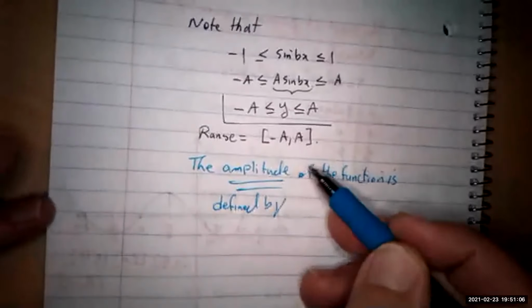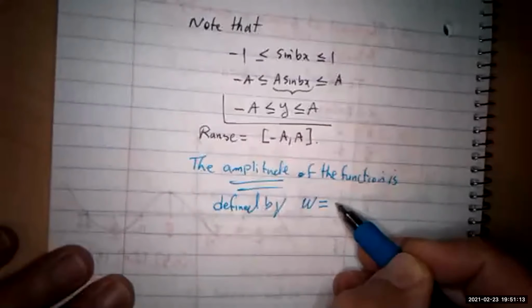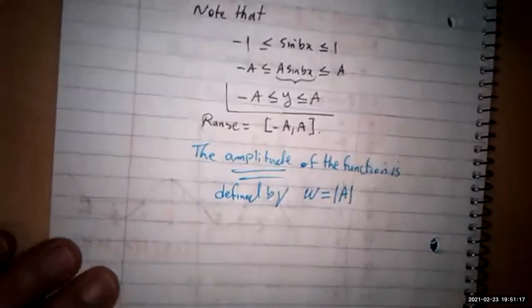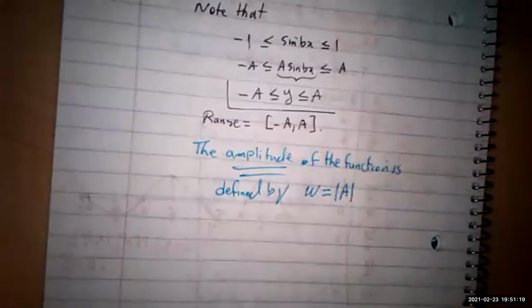If a is positive, that's exactly the same number. If it's negative, you change it.